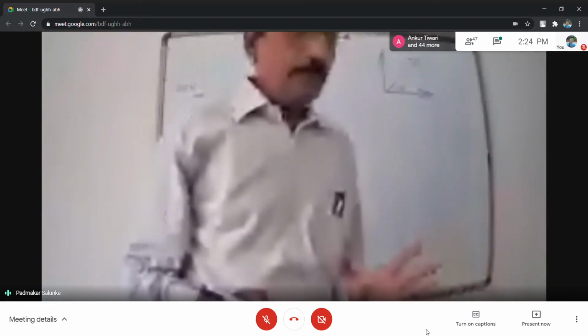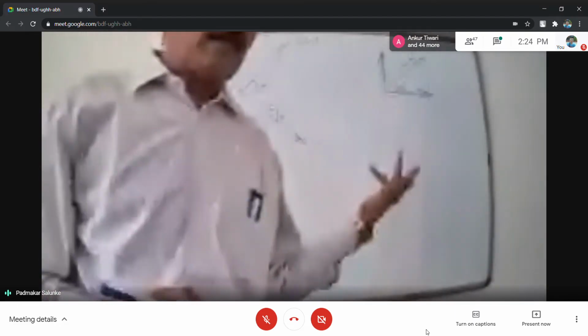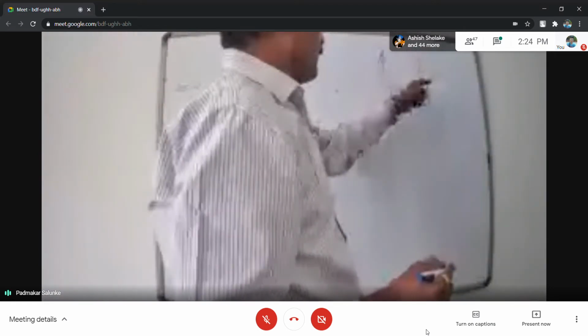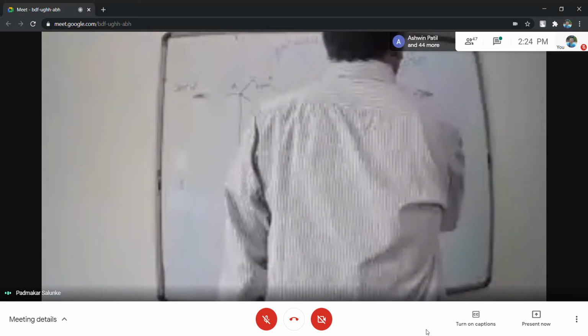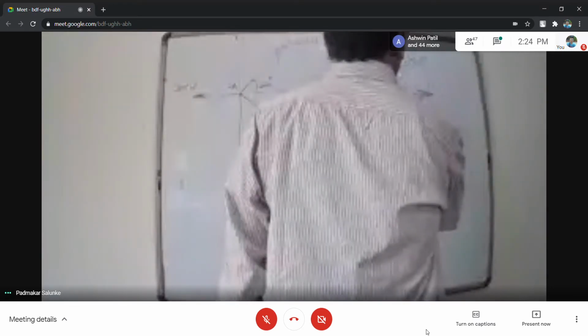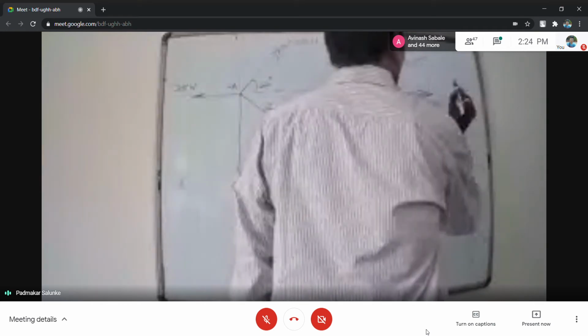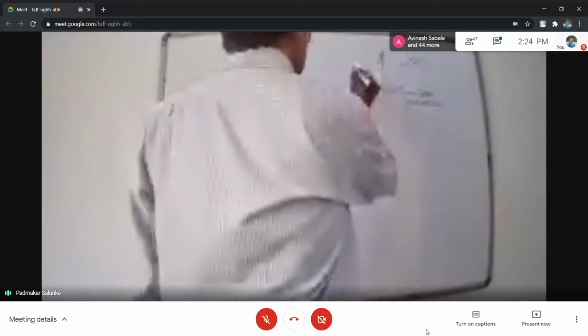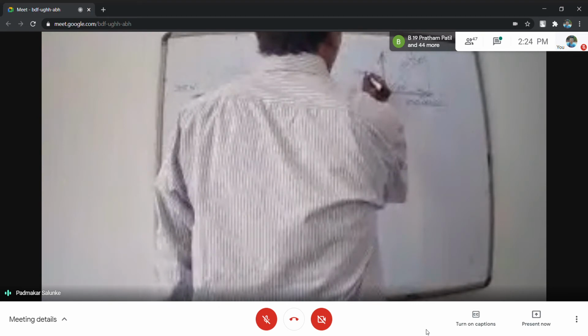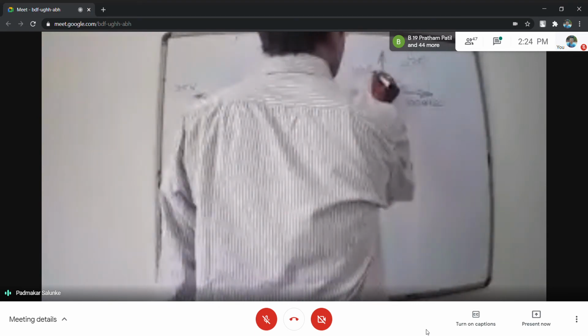Then, as you have seen on that day, how to find the magnitude. This is 100. The angle made by the force with the x-axis is 60 degrees. So this component is 100 cos 60, and this component is 100 sin 60.